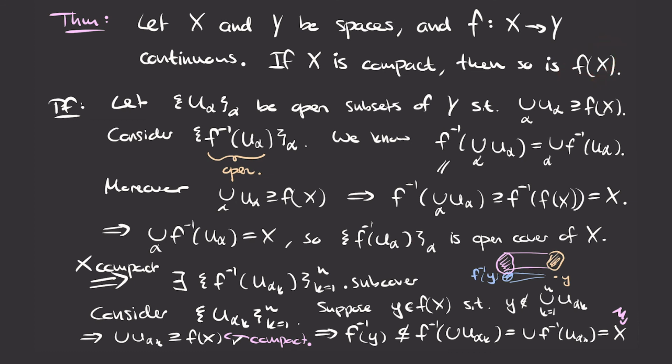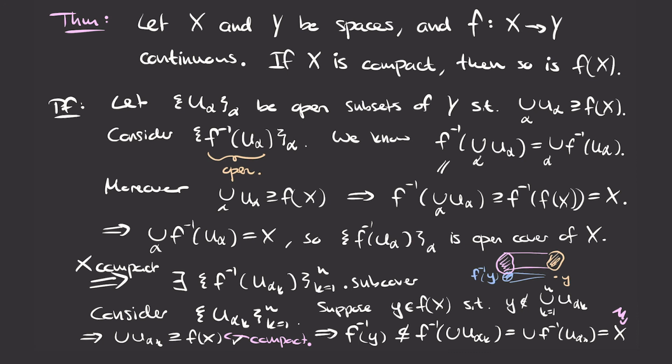And because x is compact, we can now reduce this collection to a finite collection of sets which still cover x, and then we can push these sets again forward along f and get a finite collection of our original collection that covers this image set.